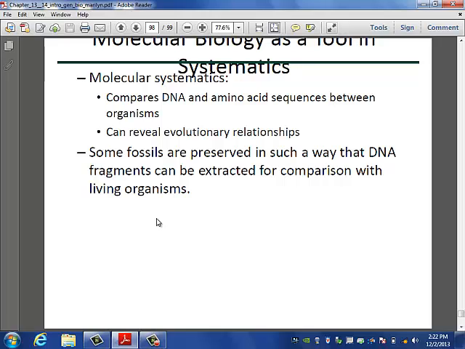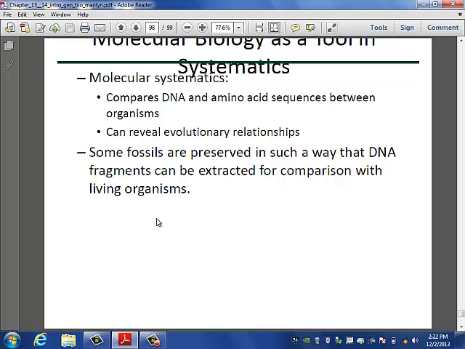Yeah, what kind of proteins we make and what those proteins do or function for us as organisms. So if we look at those relationships, why does somebody make a certain protein or certain enzyme, let's say, that has a certain function? Some fossils are preserved in such a way that some DNA fragments can be extracted.